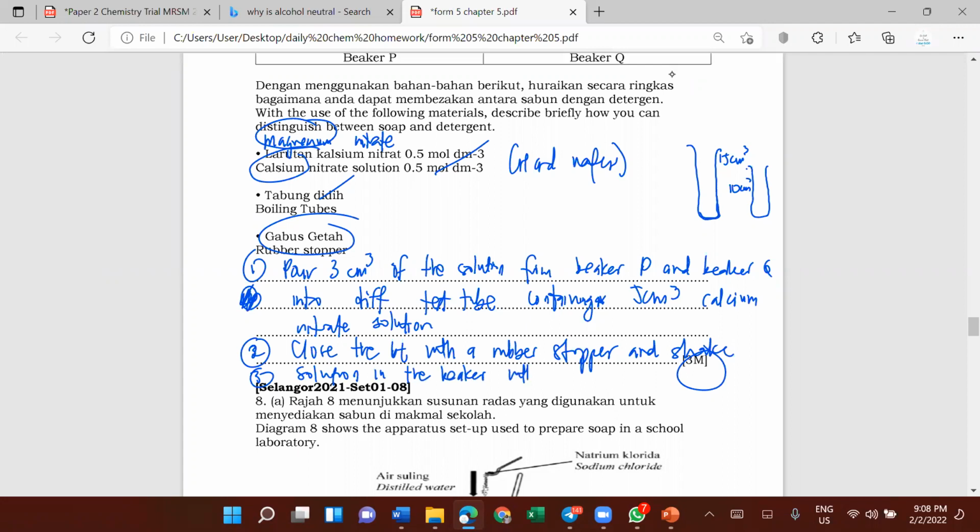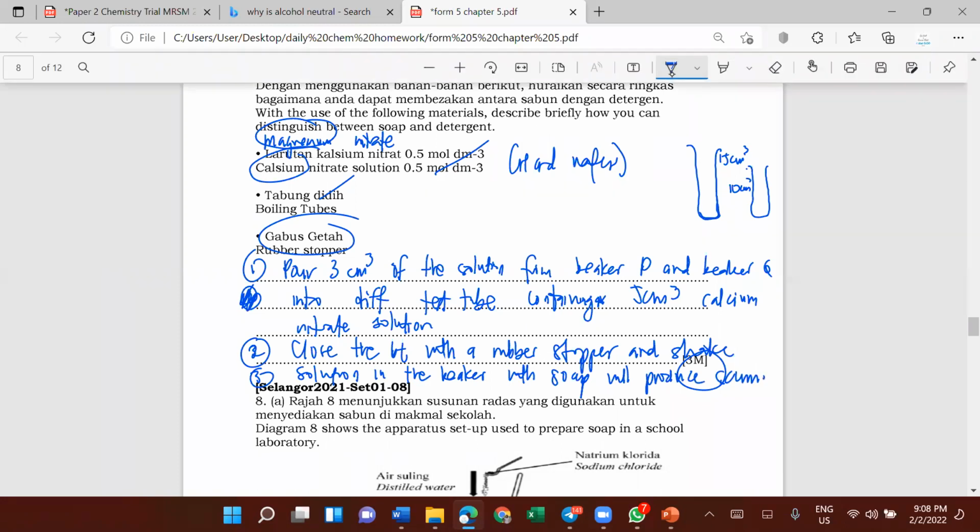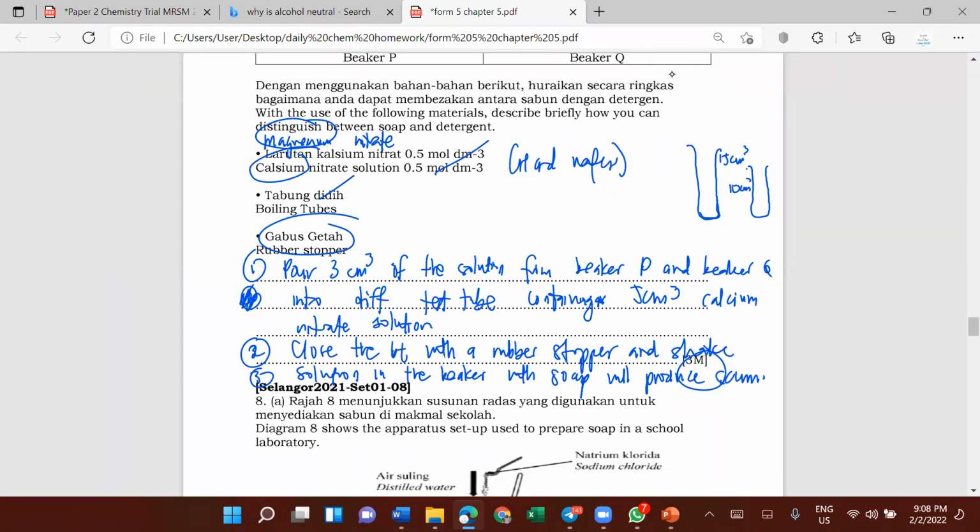The beaker with soap or the beaker with detergent will give me scum? Soap. Very good. Okay, soap will produce scum. And that's it. That's how you get your 3 marks. Even if you didn't use the perfect sentence like how teacher gave here, but if it's something like this, it's fine. It's completely fine.